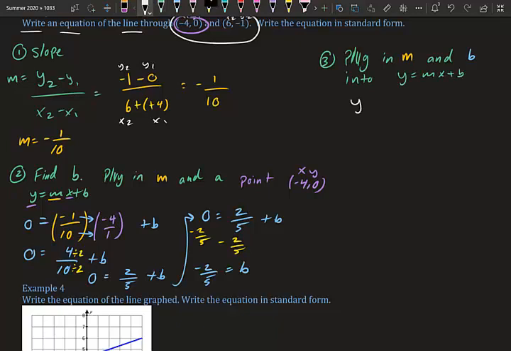All right, we have y equals m, which is negative 1/10 x, plus b, so since it's a negative, we do minus 2/5. Since it's wanting standard form, we need to keep going. So we have a fourth step now. We need standard form.